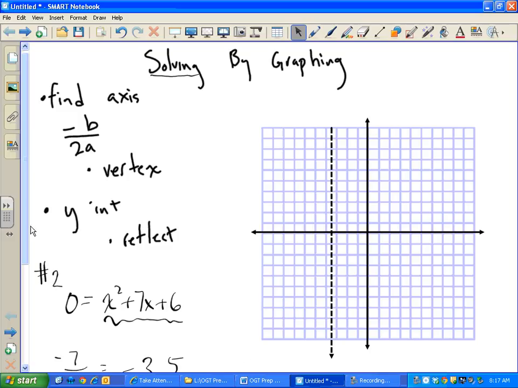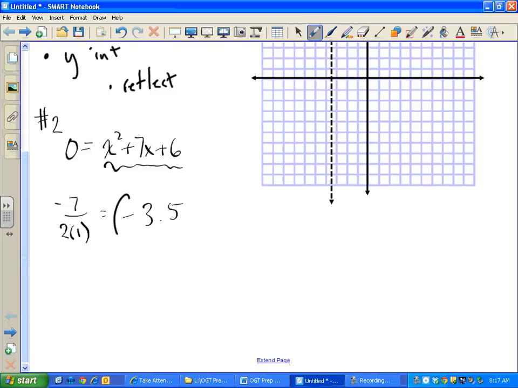All right, and now, what do you do with that? Well, once you find the axis of symmetry, you plug it in to find the vertex. So you're going to take this negative 3.5 and shove it in for x. Does that make sense for everybody? So let's do that. That looks like this on your calculator. You have to put it in parentheses.